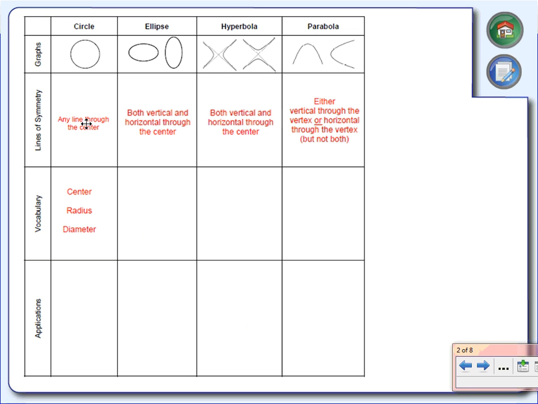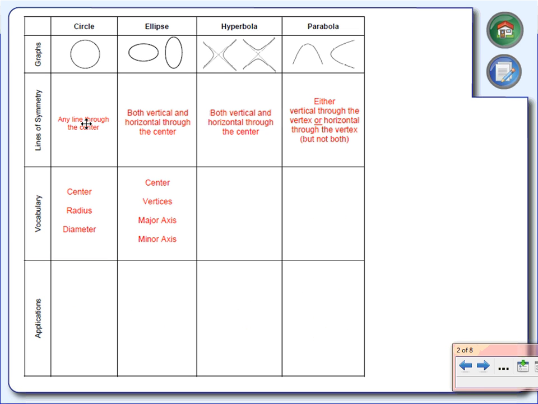A circle has a center, a radius, and a diameter. And we'll be looking at those three things tomorrow when we start looking at circles. An ellipse. Ellipse also has a center. It has vertices. And it also has something called a major and minor axis.